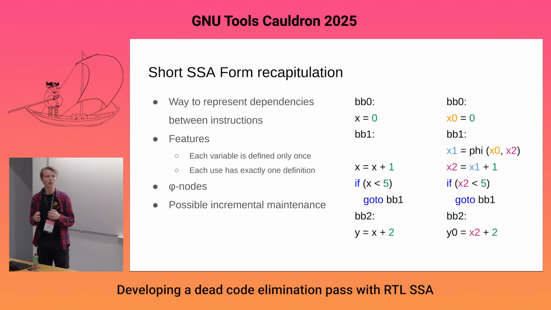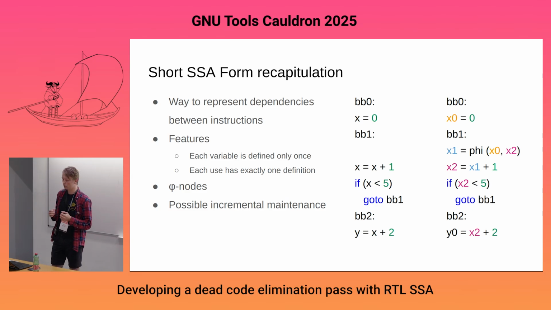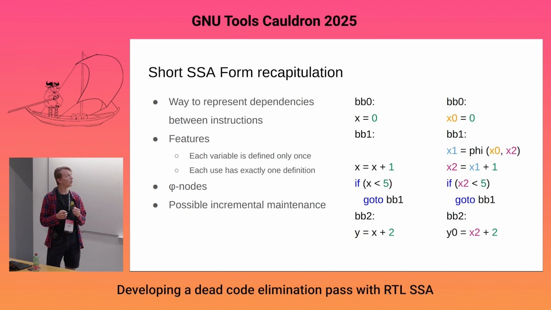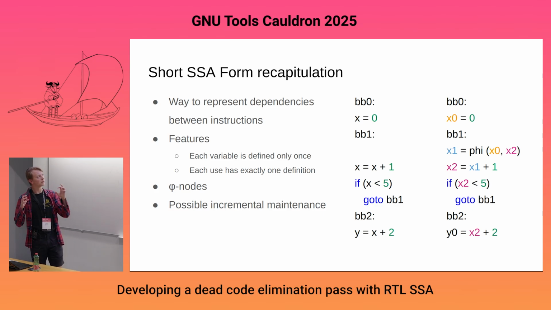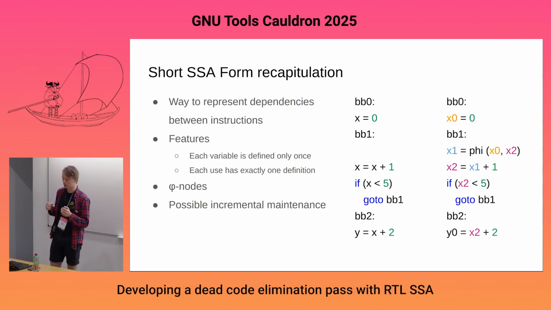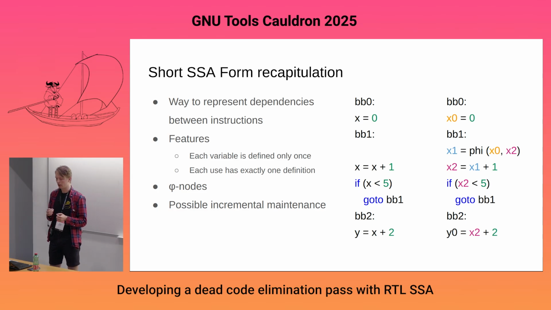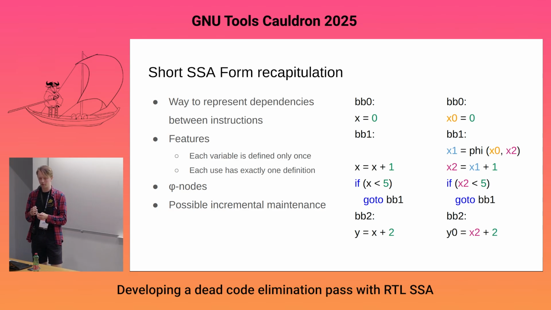However, with these features, you wouldn't be able to represent many programs because, for example, if you have some basic block which has multiple predecessors, and in each of them is a definition, you have to somehow represent the dependency, and that's why the SSA form has phi nodes which select the correct dependency at runtime.